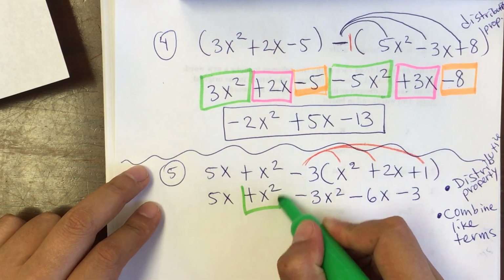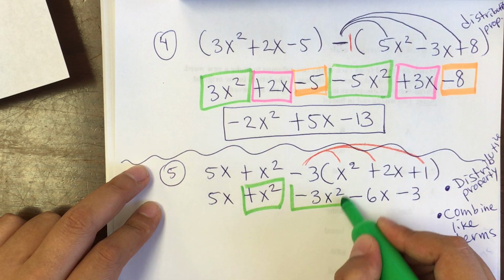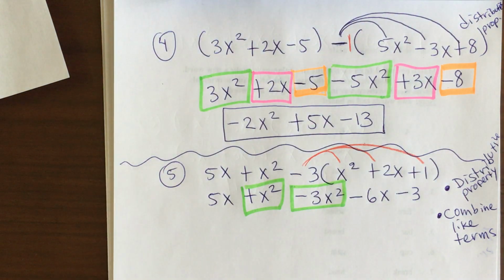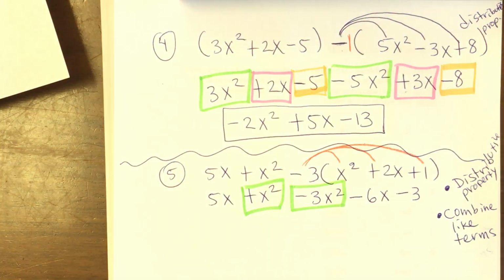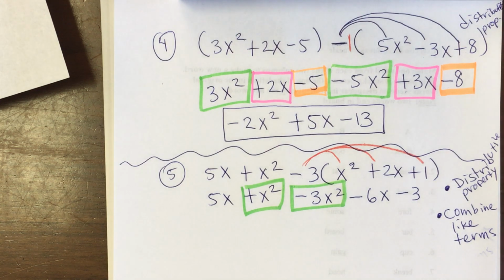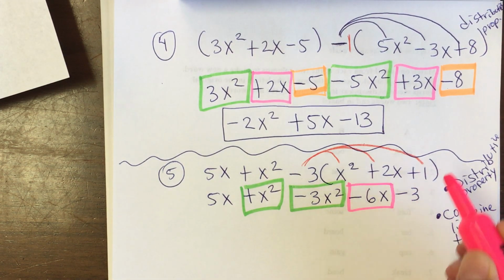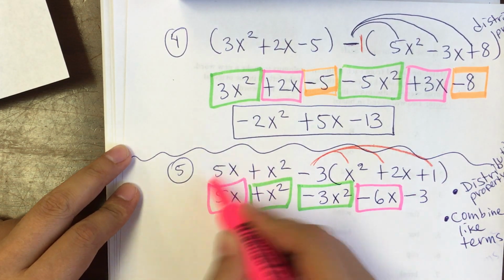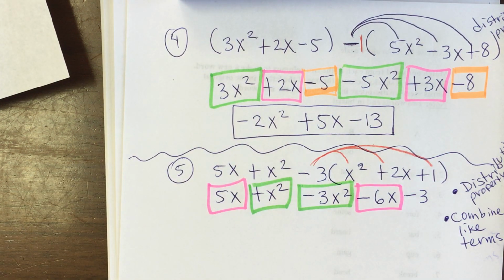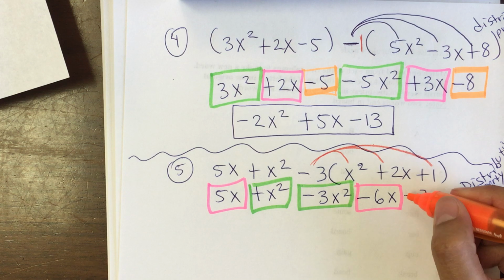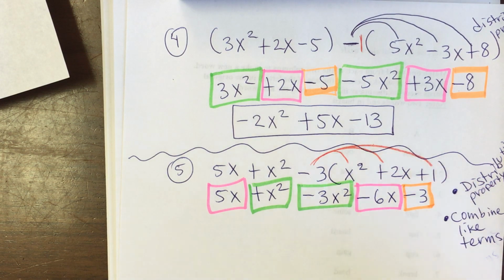Okay, so we have the x squares. Okay, and we have the x variables, and we only have one constant.